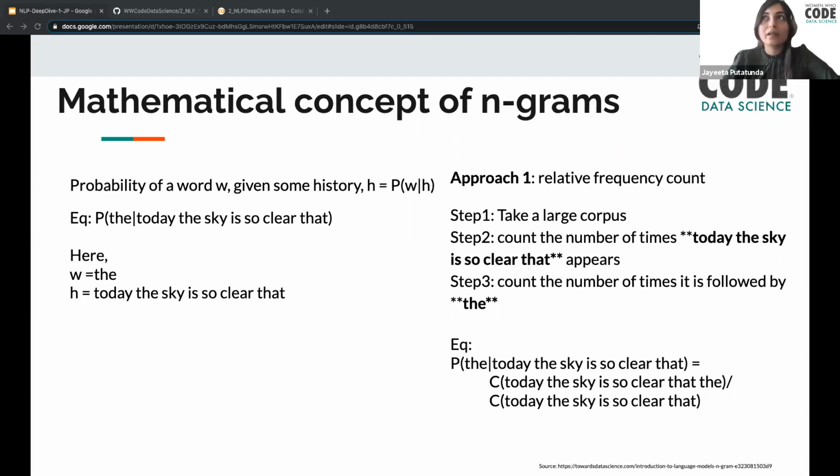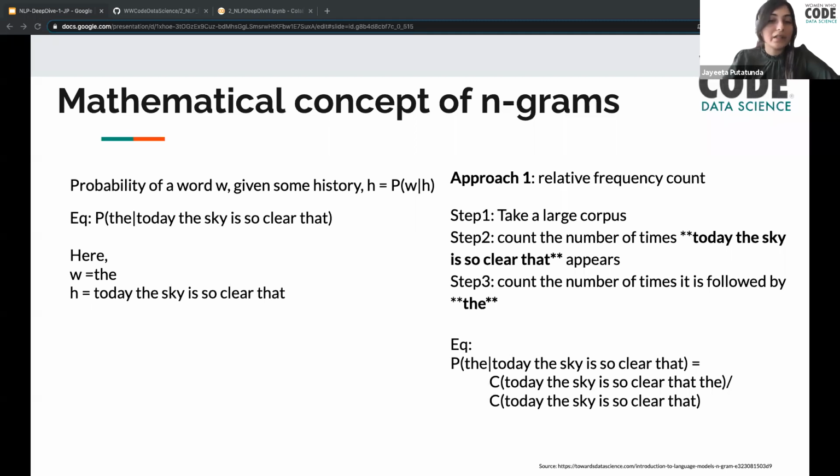So approach one is a relative frequency count. We have a large corpus, which is a chunk of big data that you have at your disposal. Step two, you take the number of counts, the times today the sky is so clear that appears in that corpus. Then you take a count of the number of times it's followed by the. It's basically understanding how many times the co-occurrence of these two, H and W, has occurred.